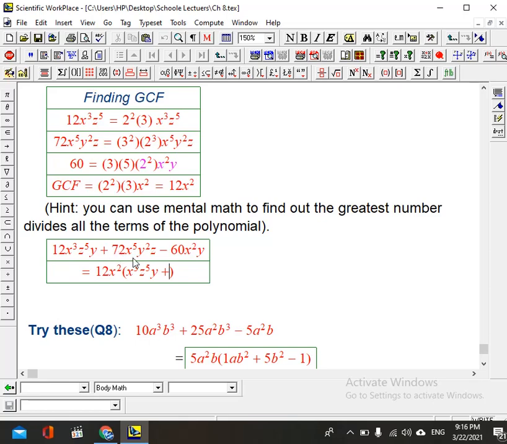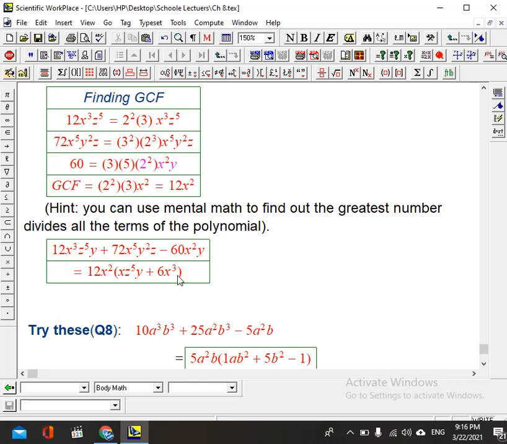Now 72 over 12 will be 6, and x cubed over x squared will be x.